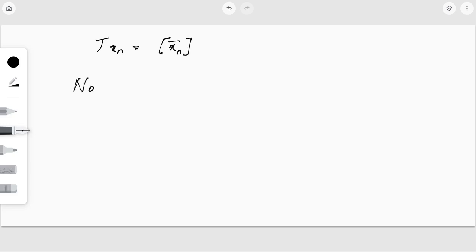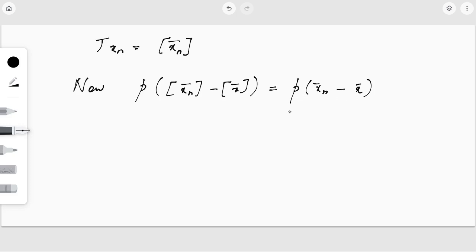Now, let us see P of xn bar minus x bar. This is none other than P of xn bar minus x bar, by the definition of the semi-norm. Now, what will this value be? This will be less than epsilon.